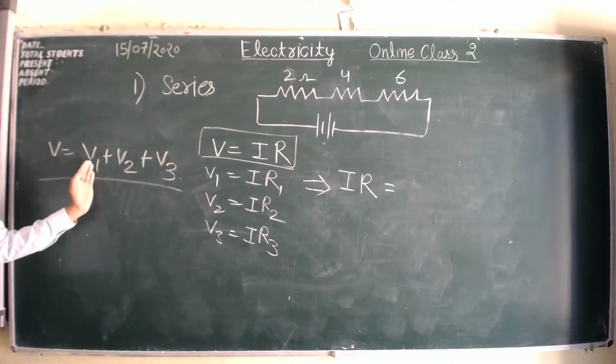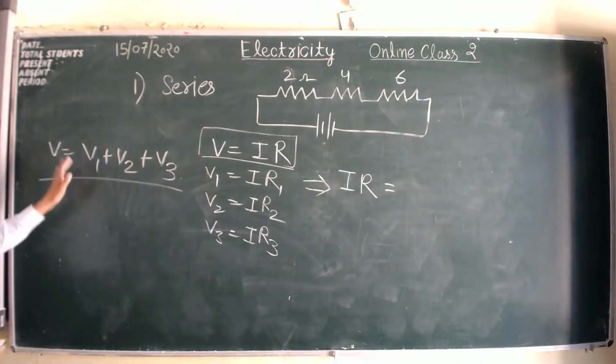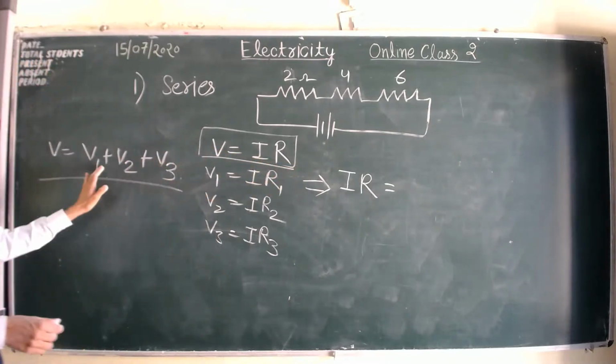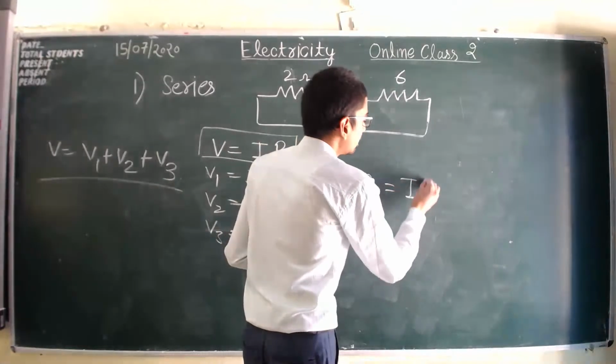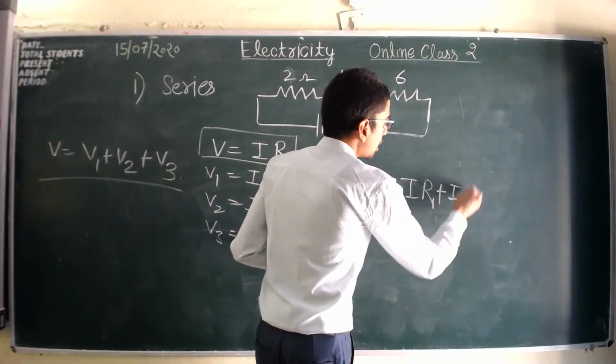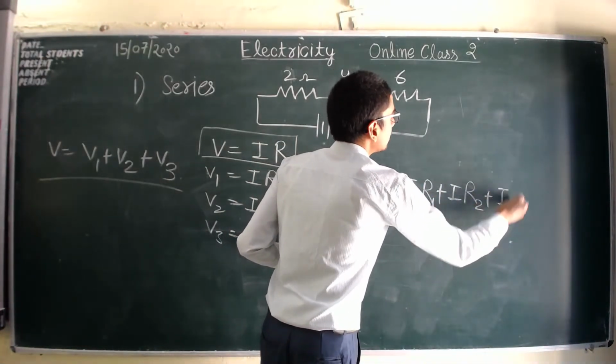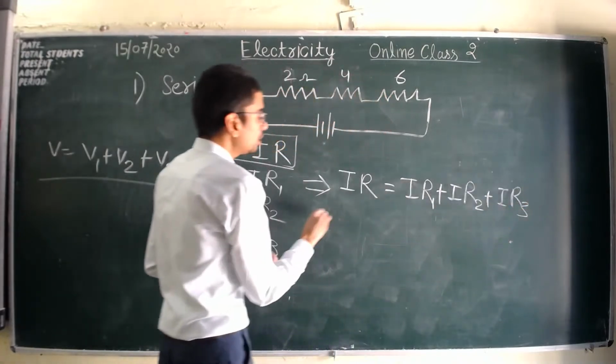So V is equal to V1 plus V2 plus V3. V की वैल्यू IR, IR1 plus IR2 plus IR3. That's how you find out total resistance.